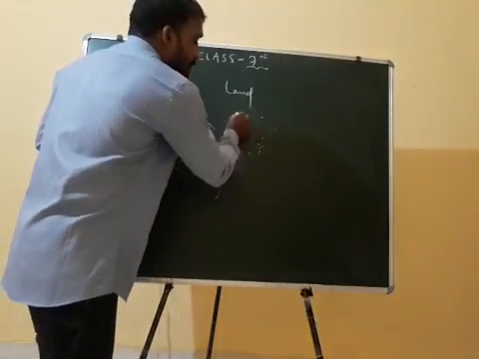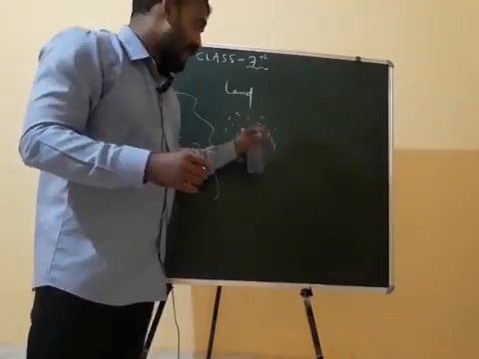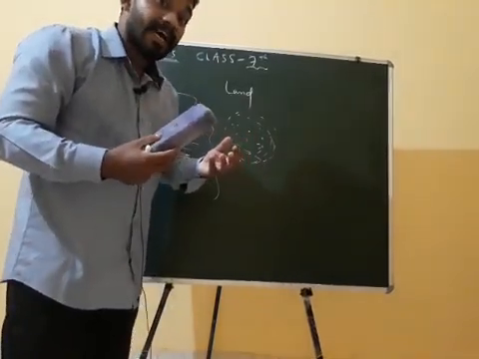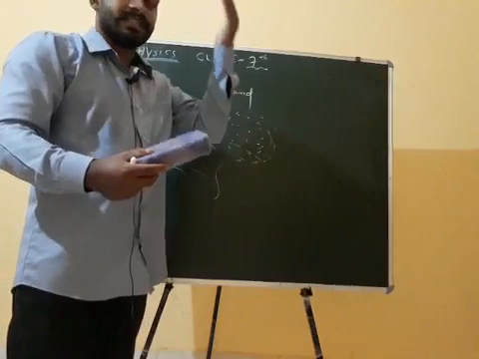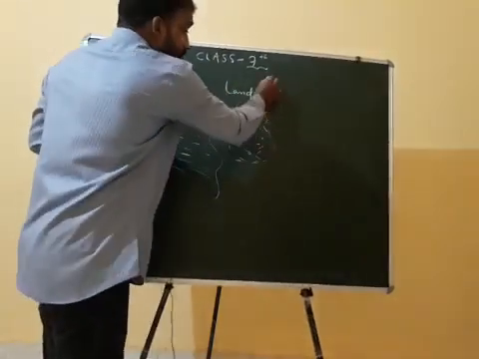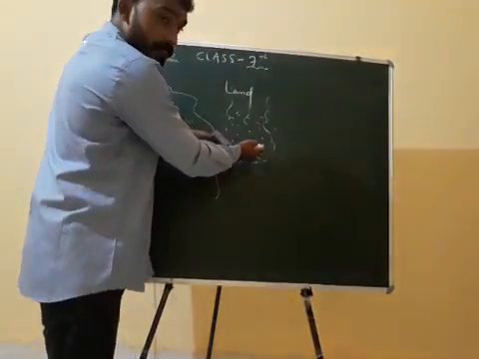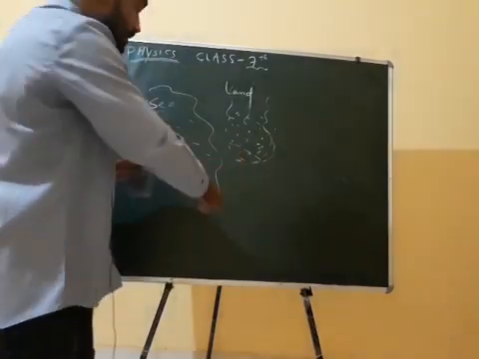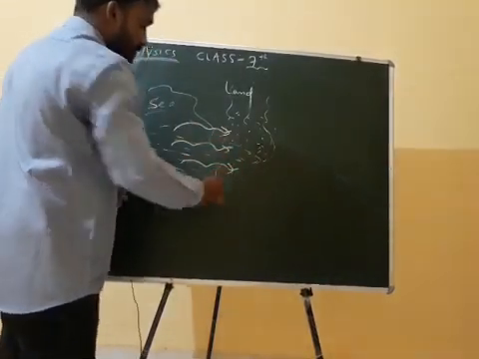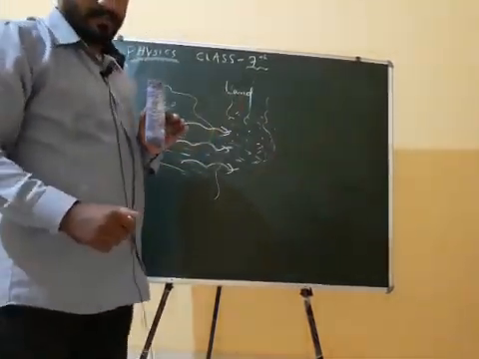So hot air near the surface of land, being less dense, rises above. To fill the empty space, air from sea starts moving towards land.